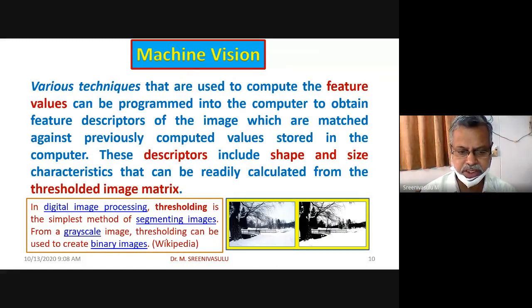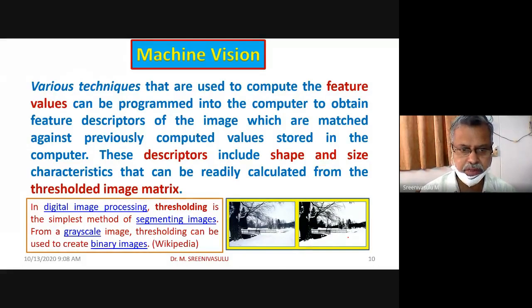So this is what I was trying to tell you. Thresholding an image: this image actually has some color, and you can identify that it has been totally converted to either black or white.